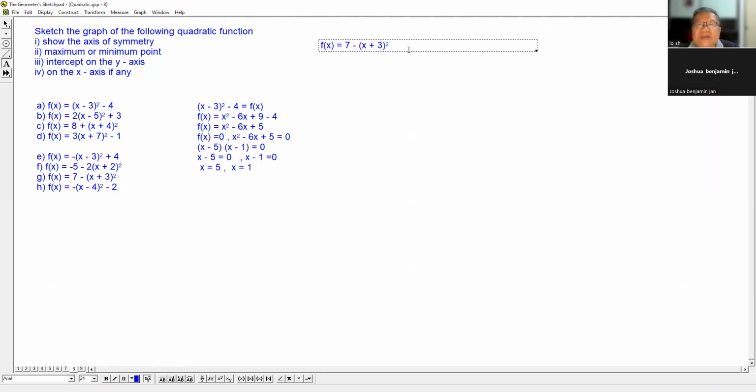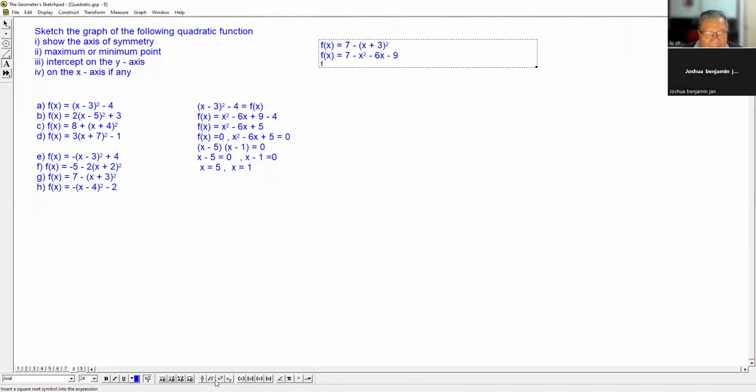So when you expand this, f(x) equals 7 minus x squared, minus 6x, minus 9. Wow, all become negative.